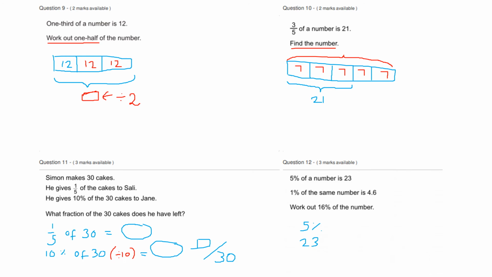For question 12, we've been told 5% of a number is 23. 1% of the same number is 4.6. Work out 16% of the number. So 5% is 23.